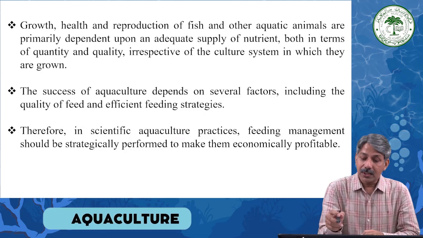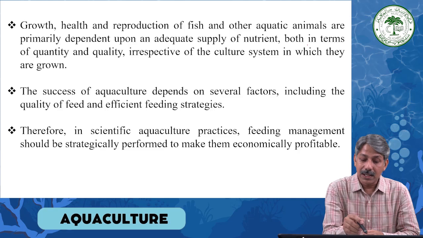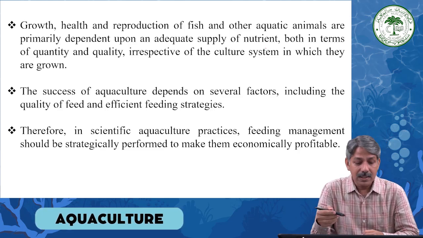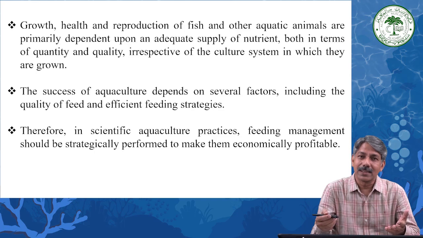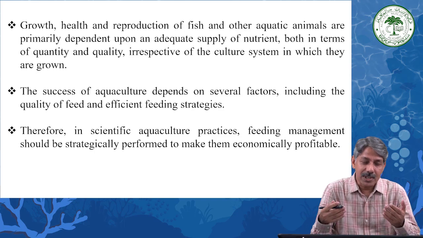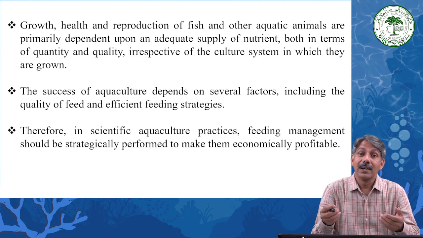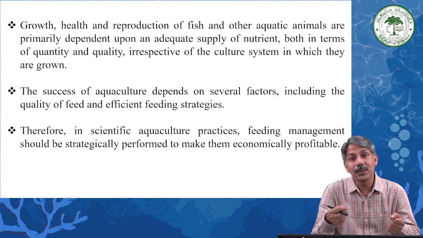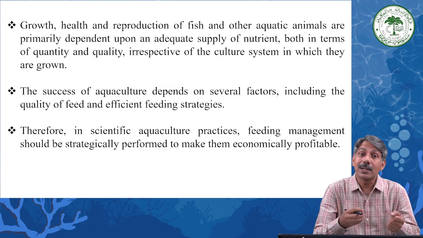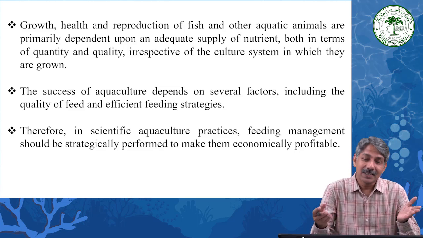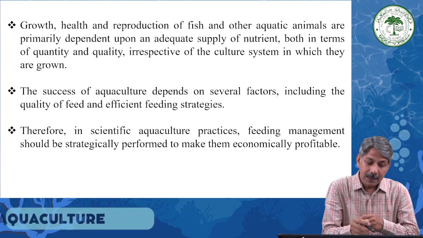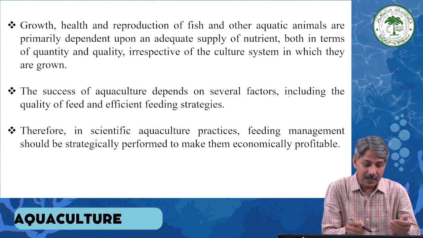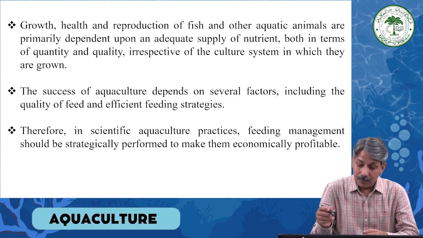Growth, health, and reproduction of fish and other aquatic animals are primarily dependent on an adequate supply of nutrients. We have already discussed that if we are not getting a nutritionally balanced diet, or optimal portions of your diet in optimal frequencies, then growth, reproduction, and maturity will all be impacted. The success of aquaculture depends on several factors that we have already discussed.